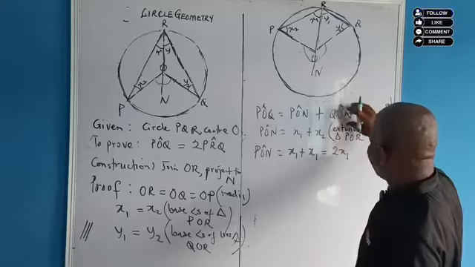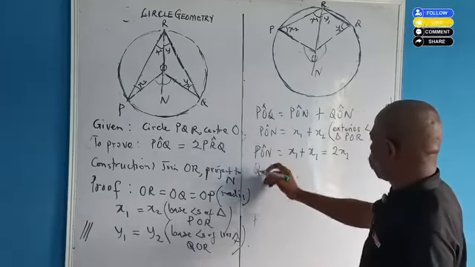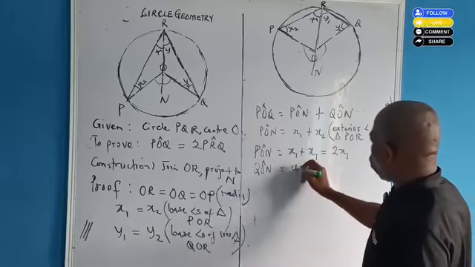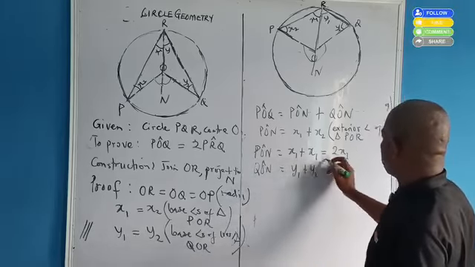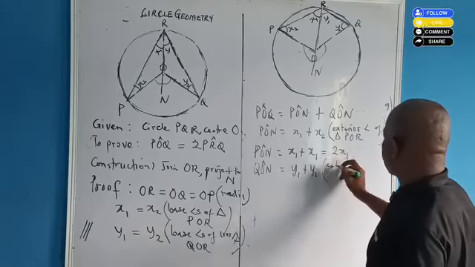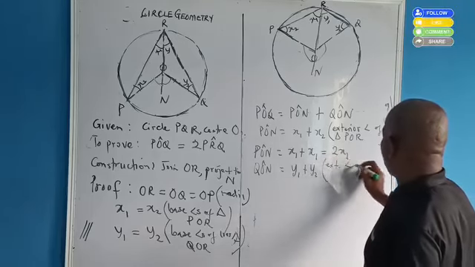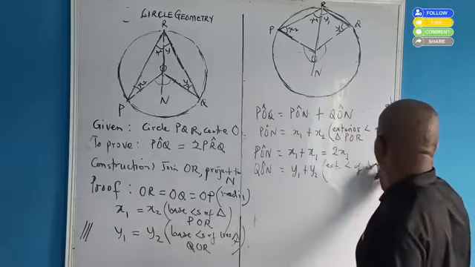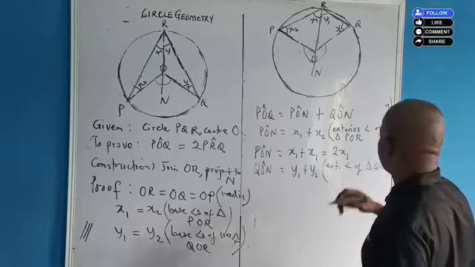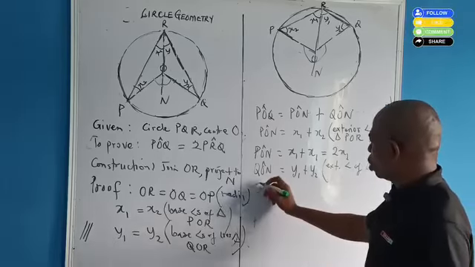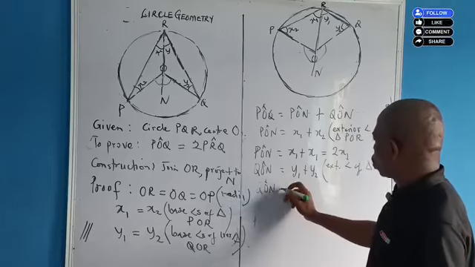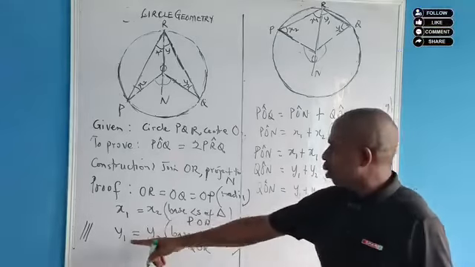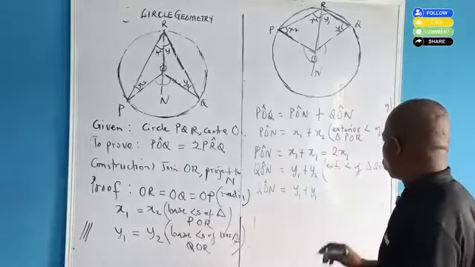Now, the other side of POQ, QON, is y1 plus y2. For the same reason, it is the exterior angle of isosceles triangle QOR. Just like in the other case, QON will be y1 plus y1 because we have said y1 is equal to y2.